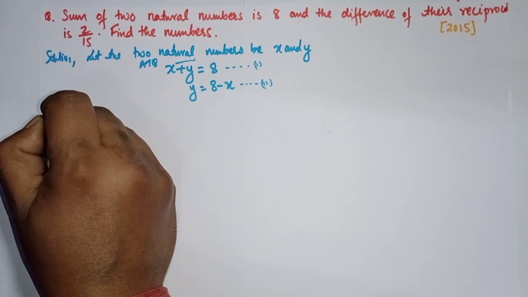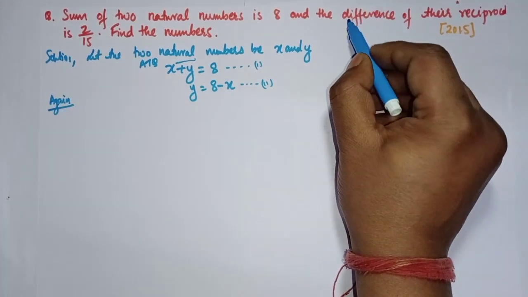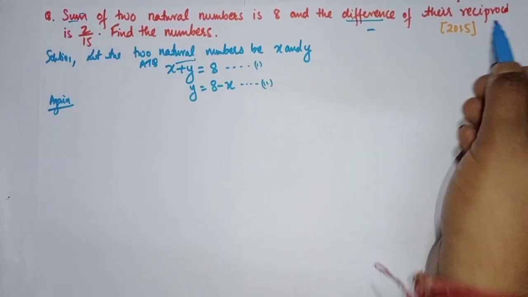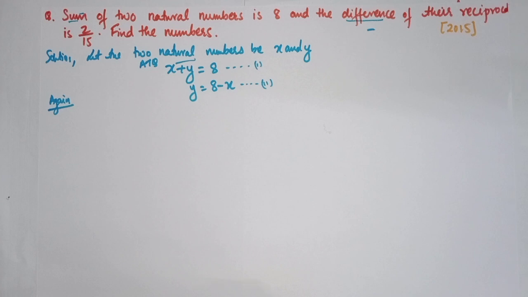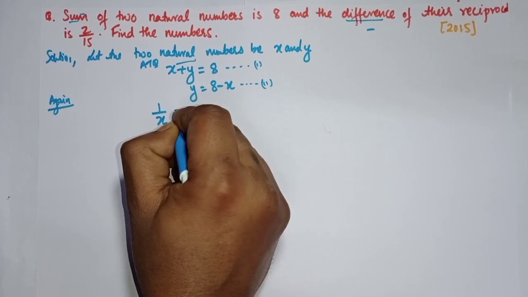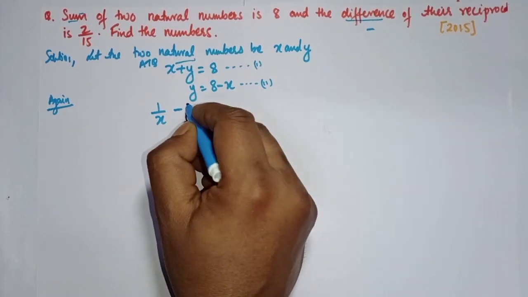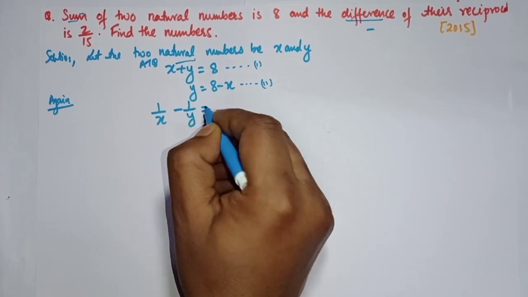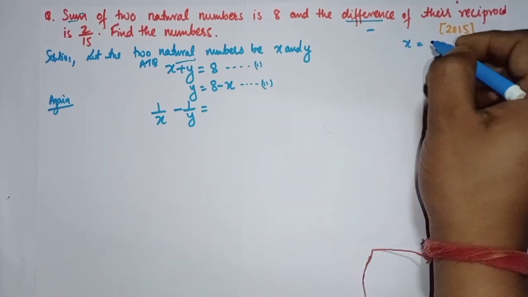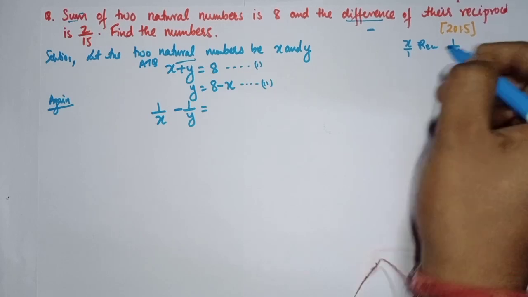Now what is given again? They have given the difference. Everyone knows the difference is minus and the sum is plus. The difference of their reciprocals means: the reciprocal of x will be 1 by x, minus. Now the other number is y, so 1 by y is the reciprocal, the opposite. The reciprocal of x, with 1 down below, will be 1 by x.